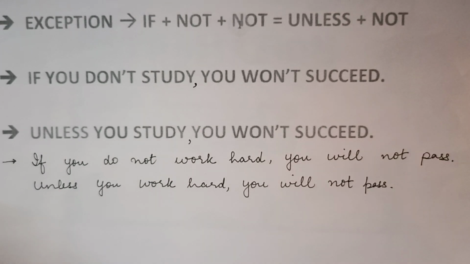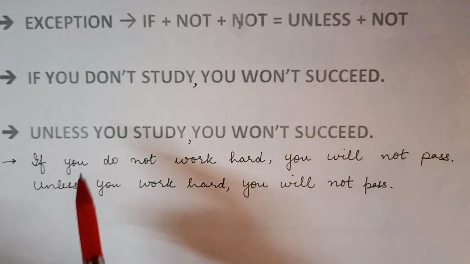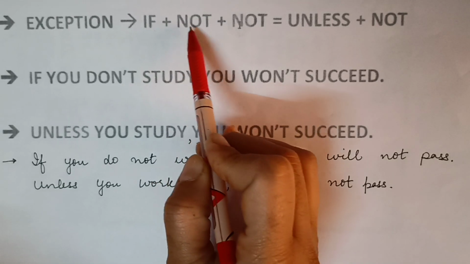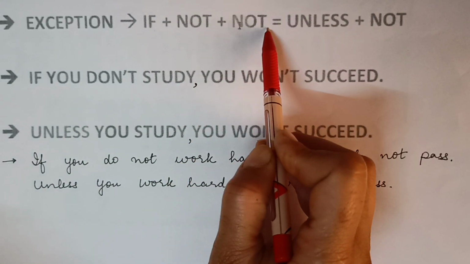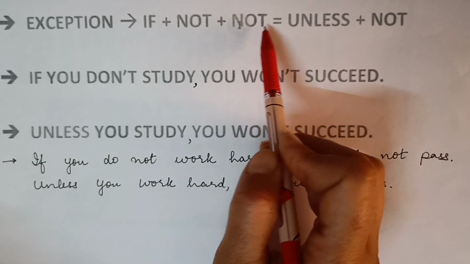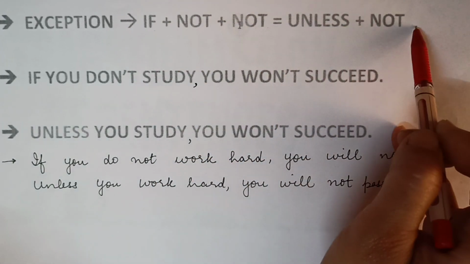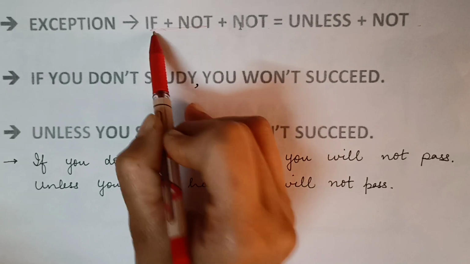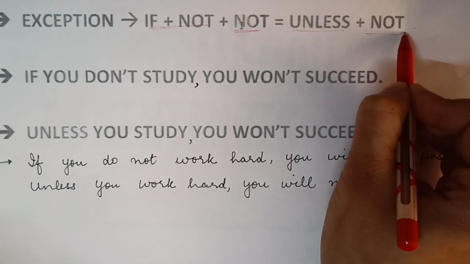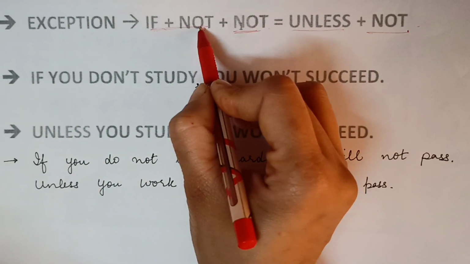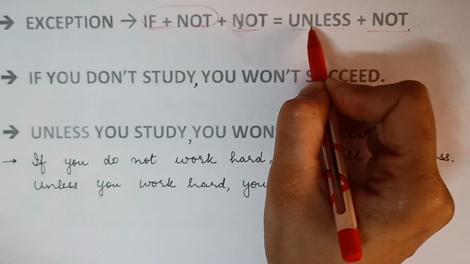There is this exceptional case also, where in a statement you have if plus not, meaning two times you have not in the statement with if. That is equal to unless plus not, because if plus not is unless, and this second not remains not again. So let's understand. I've already told you if plus not is equal to unless.